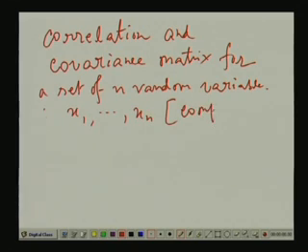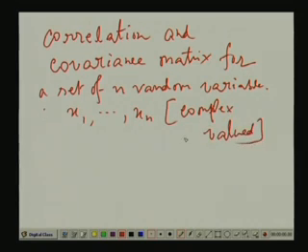I need to define certain things, like what is meant by Hermitian transposition.